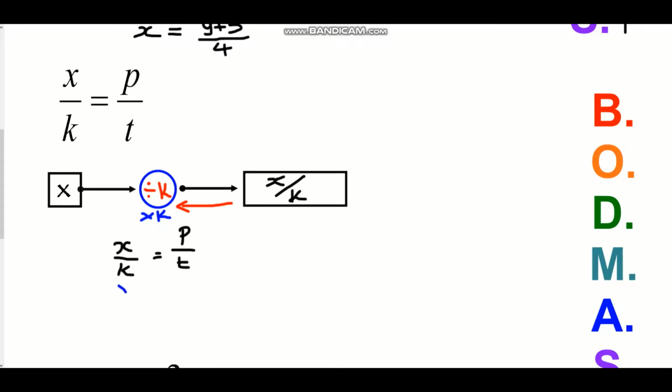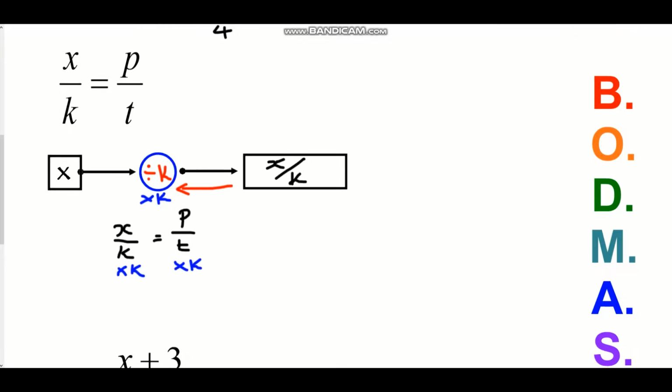So I'm going to multiply the left-hand side of my equation by k, but to keep it balanced, obviously multiply the right-hand side of my equation by k as well. So my final answer for this one is x equals, and that's the point when you know you've changed the subject, when x is on its own.